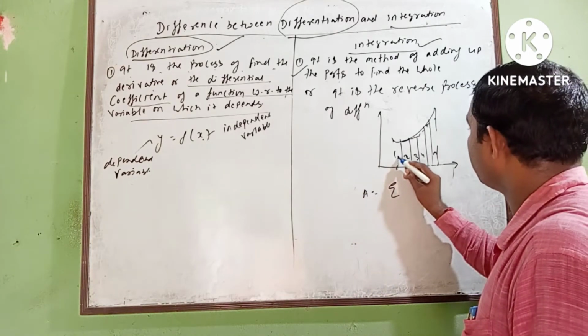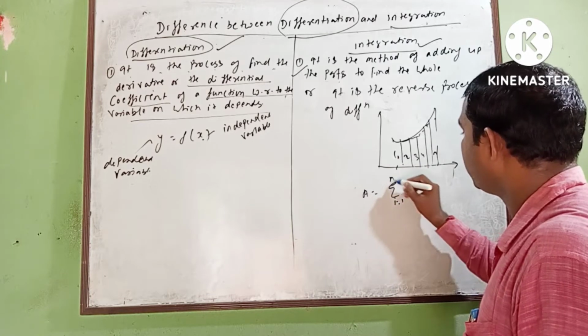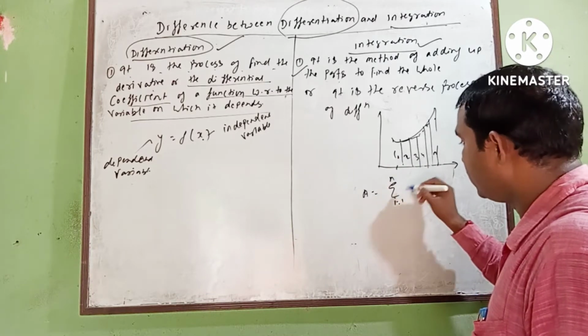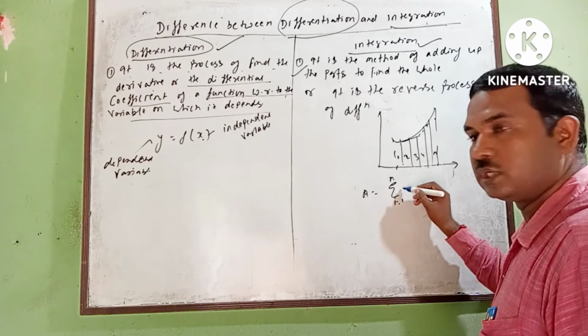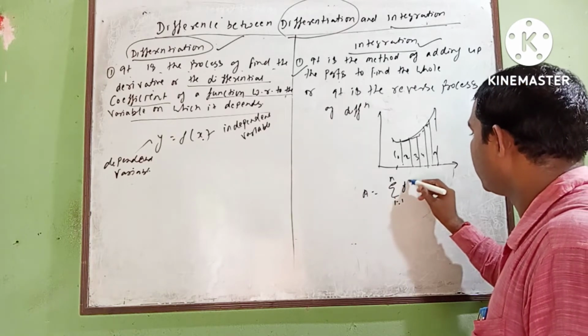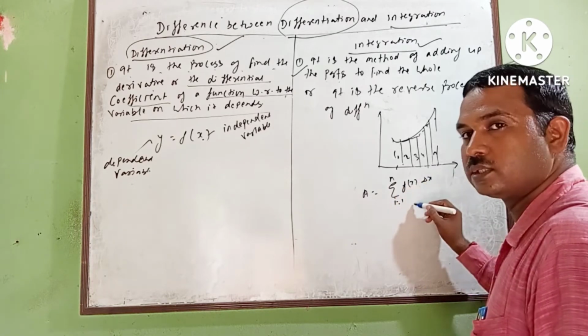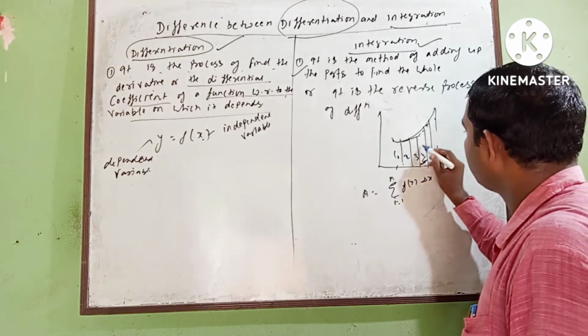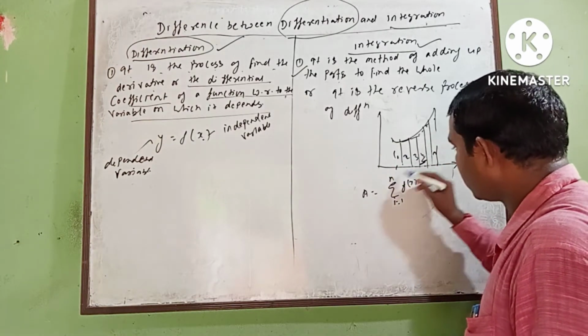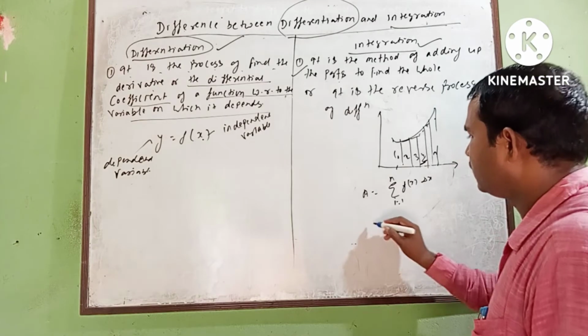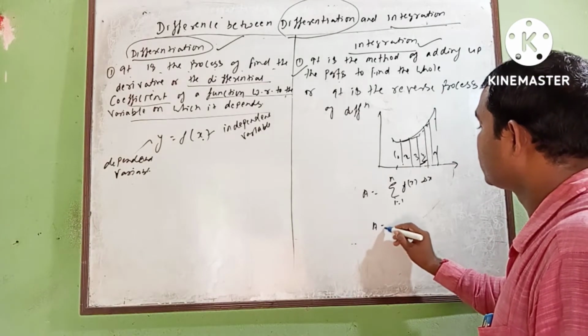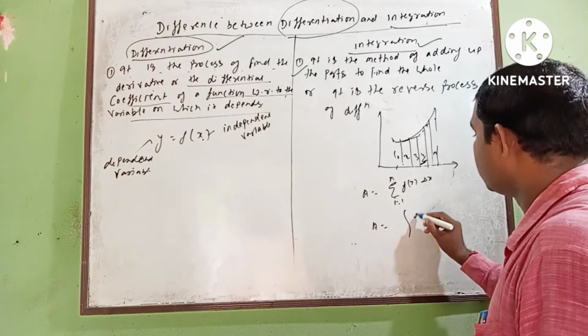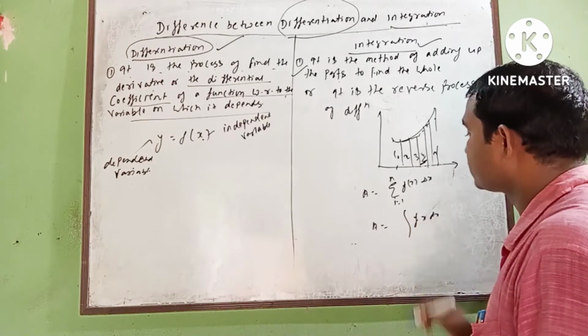Here you start from i equal to 1 to n, and the area, whatever we have, we can write using f(x) and delta x. Suppose you find this area and add, but it will be more difficult, so better you use integration of f(x) dx.